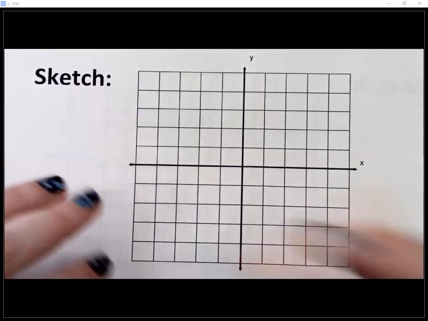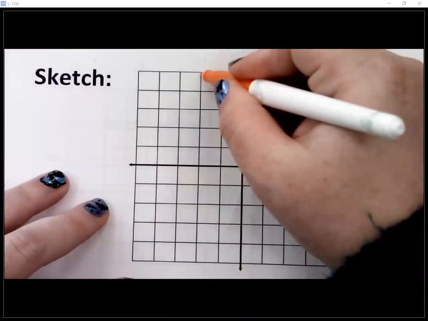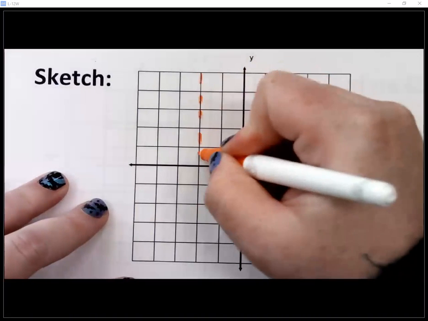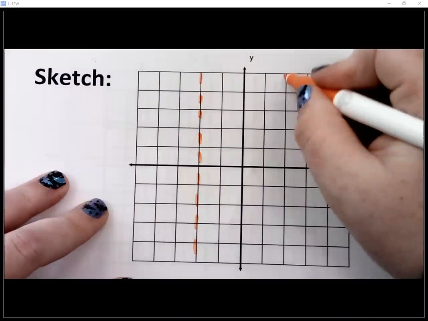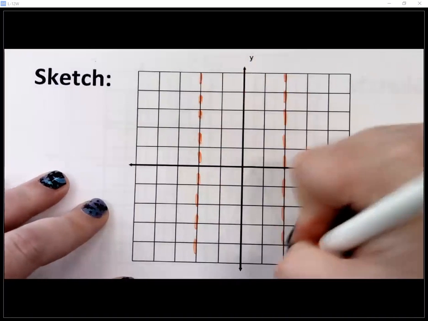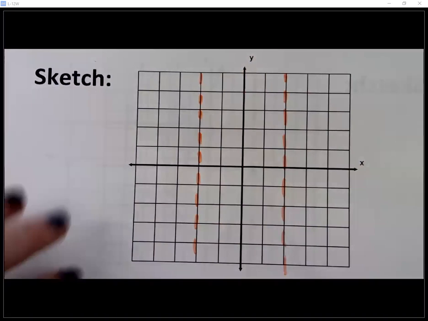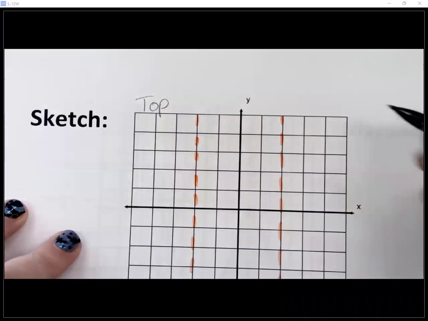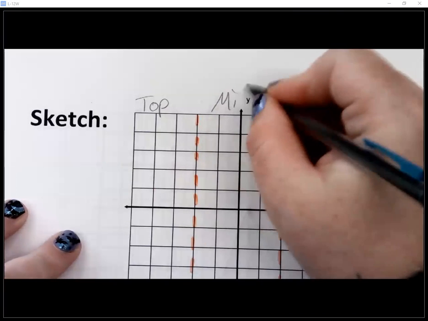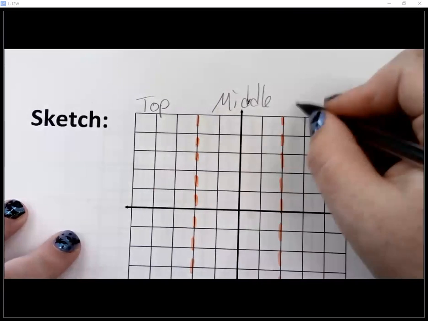I've got something going on at -2, and then at +2, I have something else going on. Okay, so I'm only going to graph the top in that section, the middle in the middle section, obviously, and then the bottom over here.